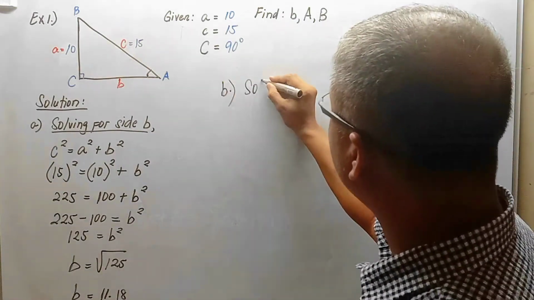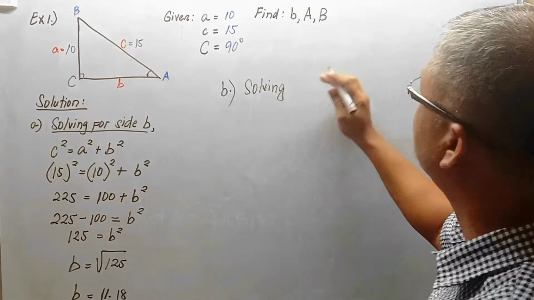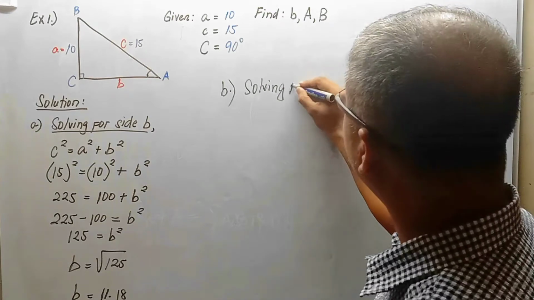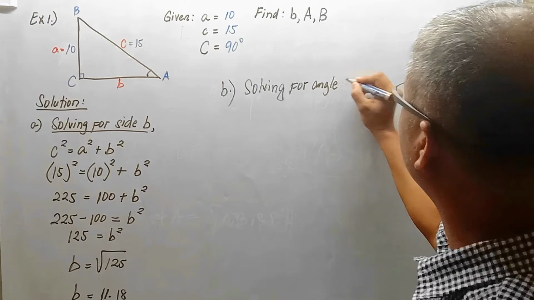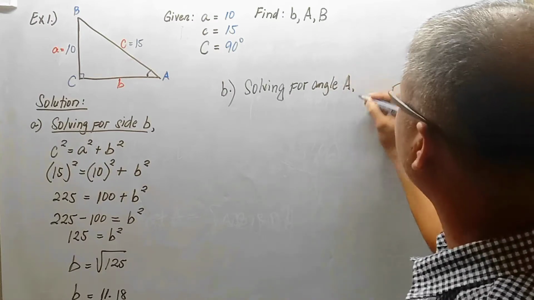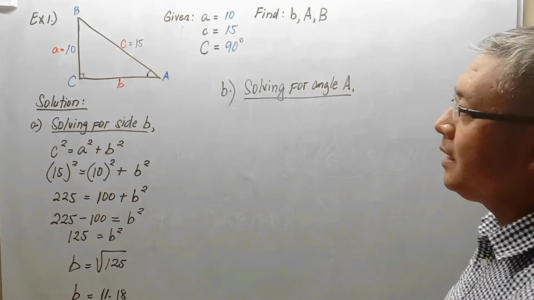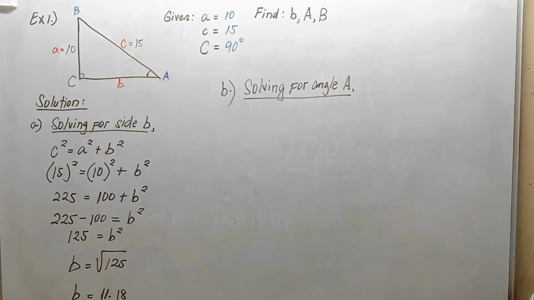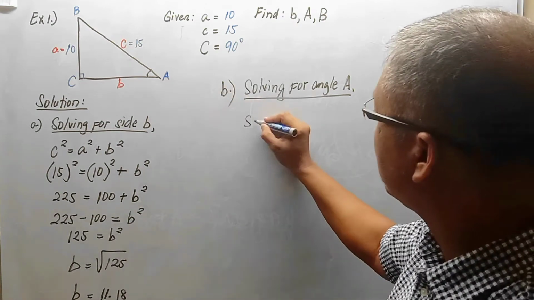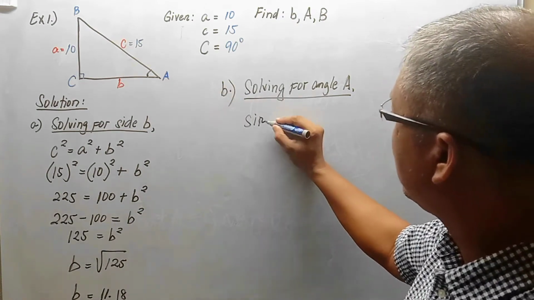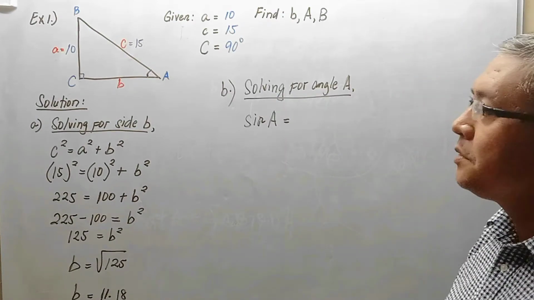Okay, solving for angle A. So we can apply the first trigonometric function, which is the sine. So sine A is equal to, what's the ratio, guys, for sine?